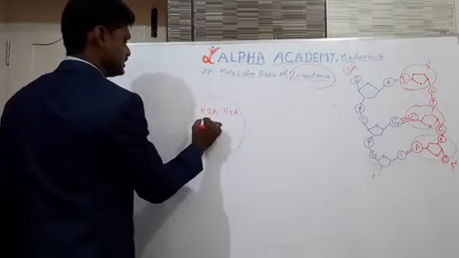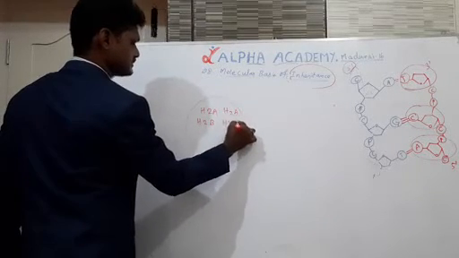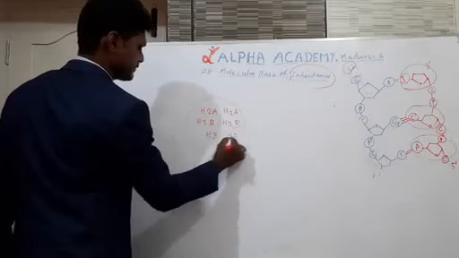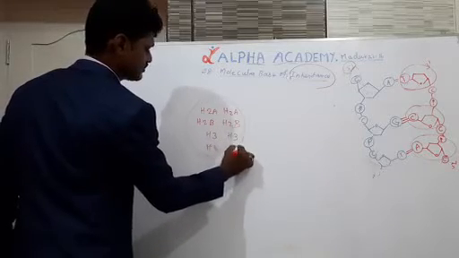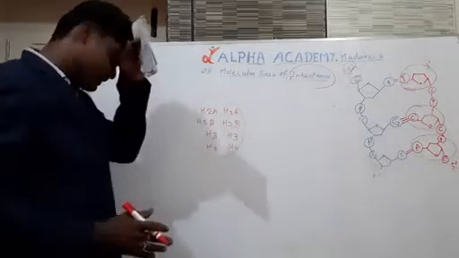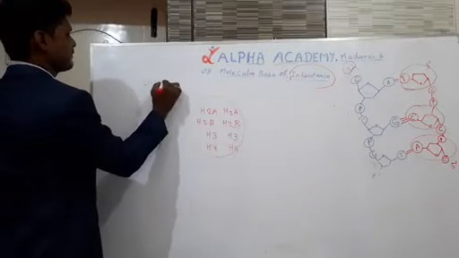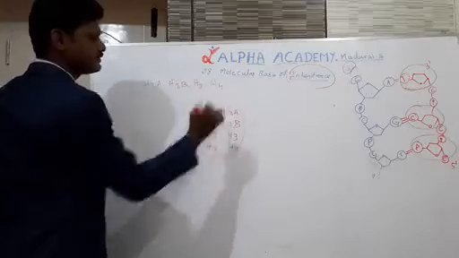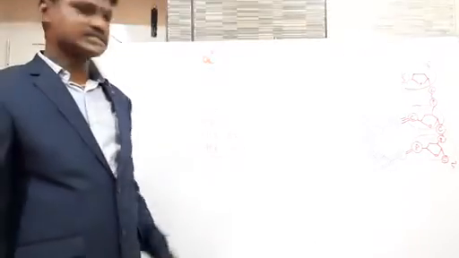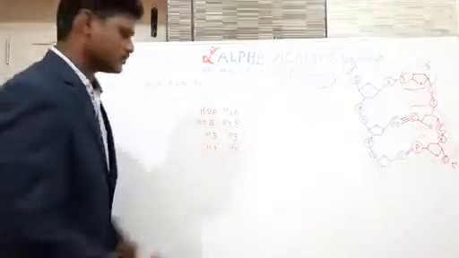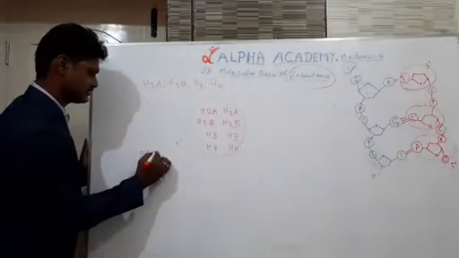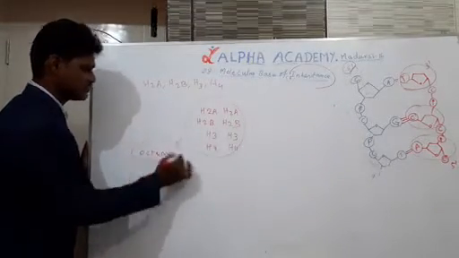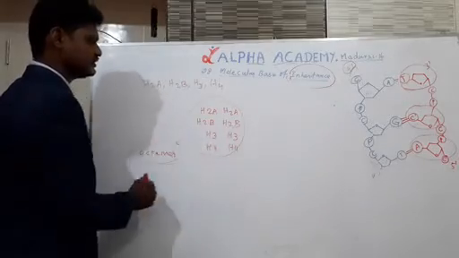H2A 2, H2B 2, H3 2 and H4 2. So these four types of histone proteins, H2A, H2B, H3, H4, all together form an octamer. This is octamer. It is otherwise called nucleosome.